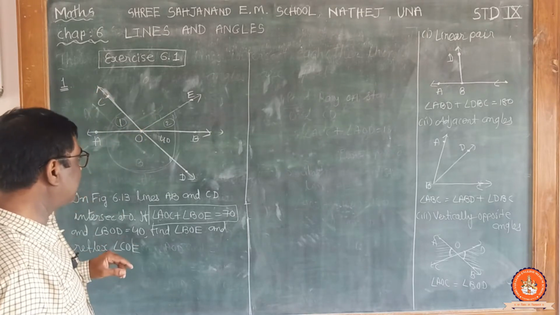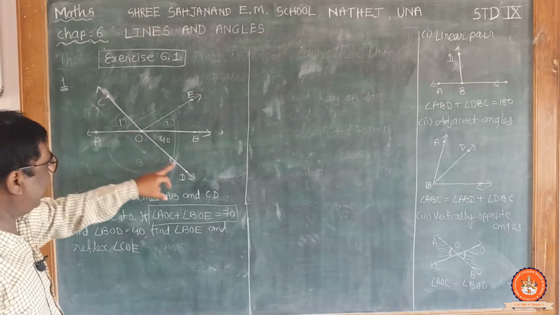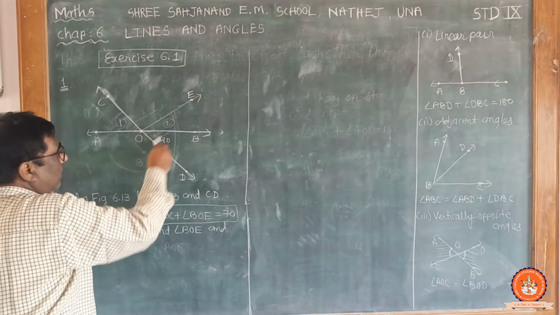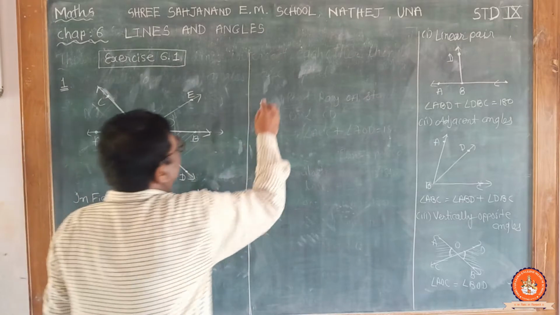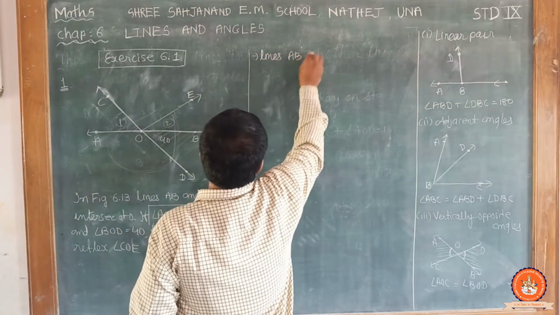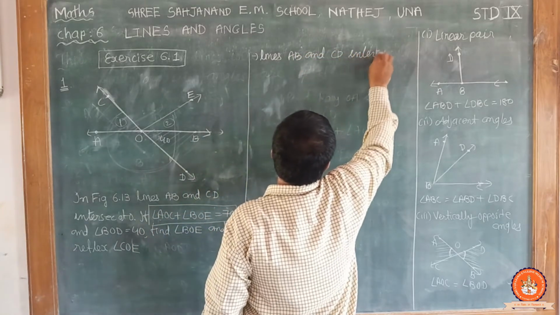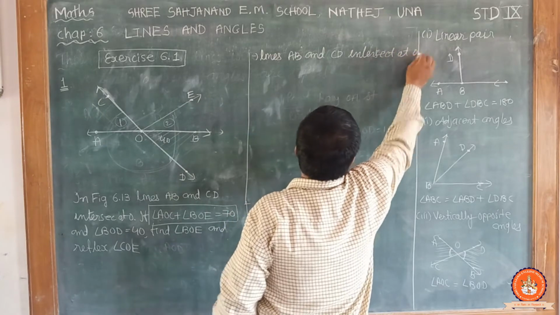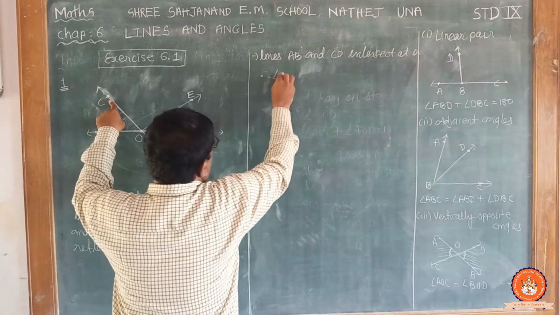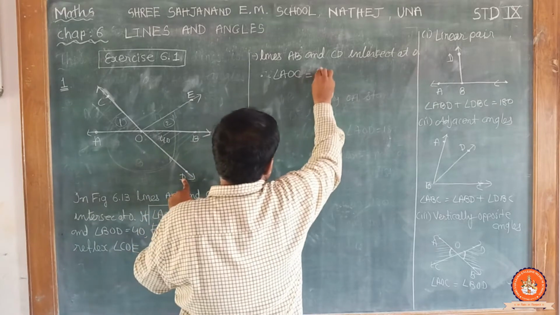Now my friends, we will start here. Look at it, AOC and BOD, these two are vertically opposite angles. So lines AB and CD intersect at O, and therefore angle AOC is equal to angle BOD.